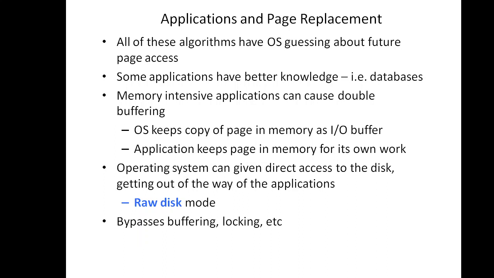There will be two copies. One is kept by the operating system, a copy of the page in memory as an IO buffer. The other is kept by the application for its own work.